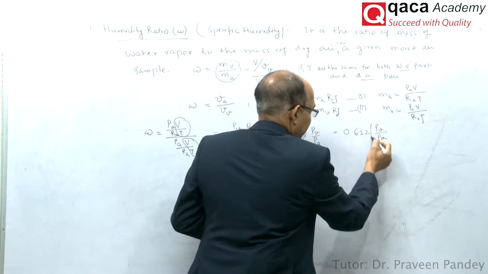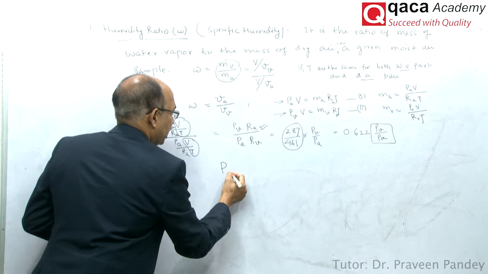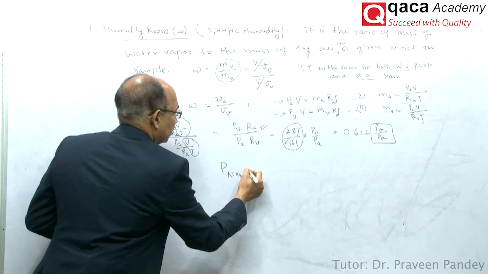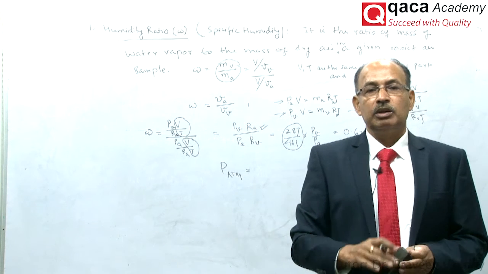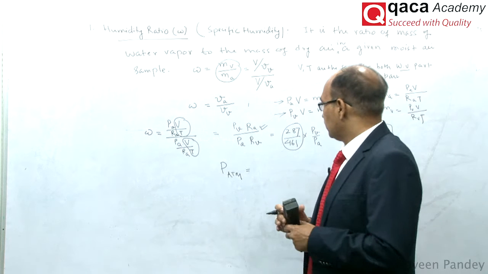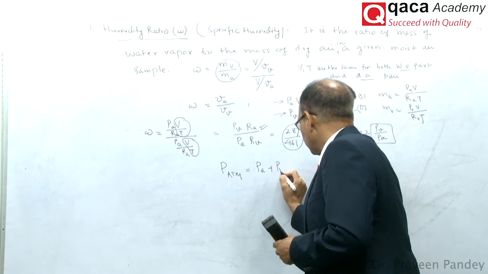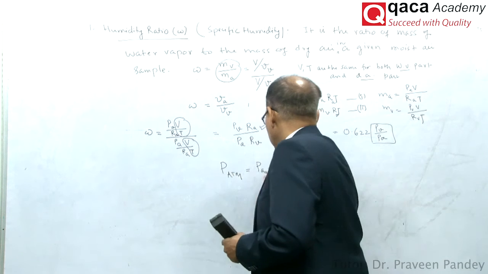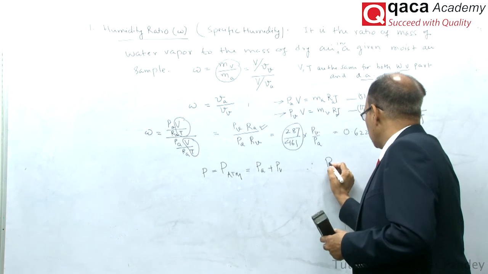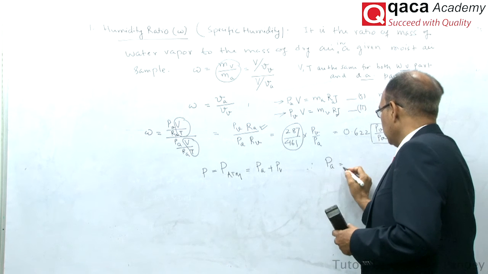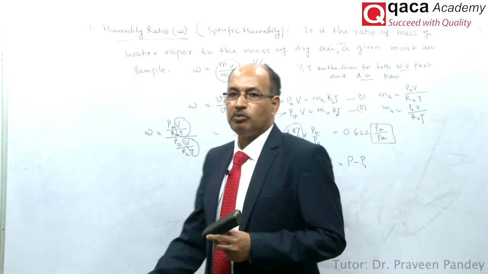Now, we can further simplify this. The total pressure P, which is the barometric pressure or atmospheric pressure, is the summation of the partial pressure of the water vapor part plus the partial pressure of the dry air part. This we can write from Dalton's law of partial pressure. So, P_atm can also be written as capital P. Therefore, the partial pressure of dry air is atmospheric pressure P minus the partial pressure of water vapor.